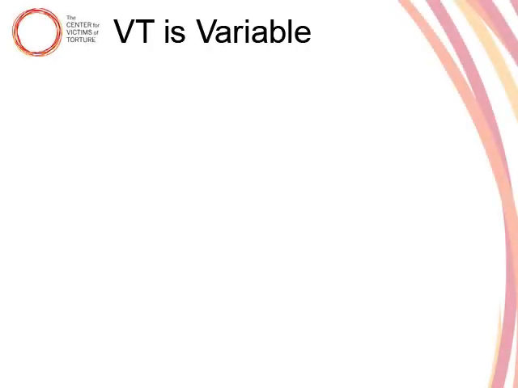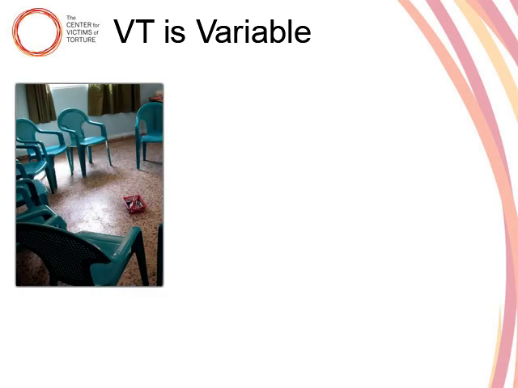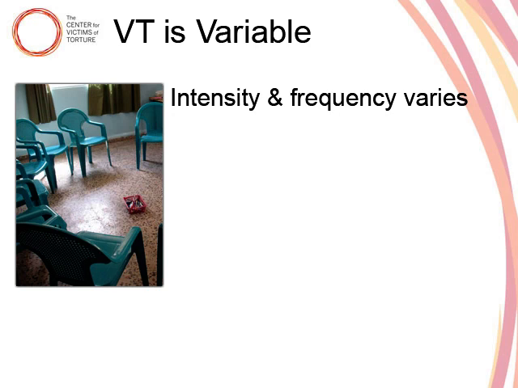So we've defined vicarious trauma, discussed its effects, and acknowledged that it is real, normal, and a process. It is also important to know that how intensely or how often a person experiences VT, or if they ever experience it at all, can vary greatly.